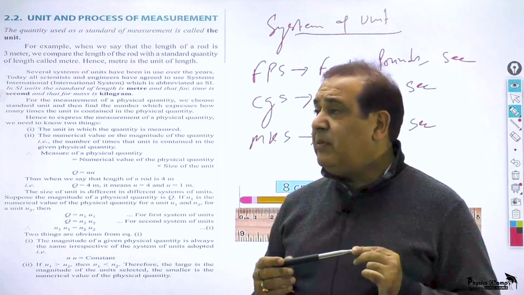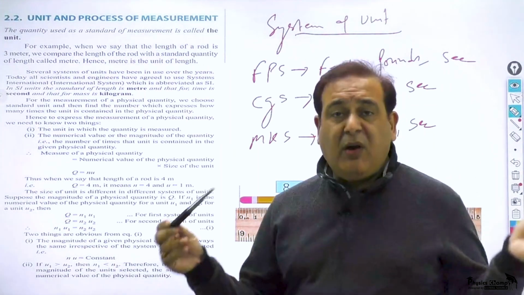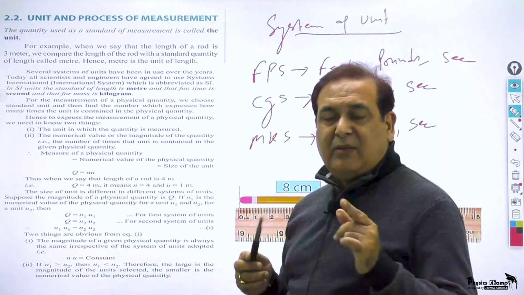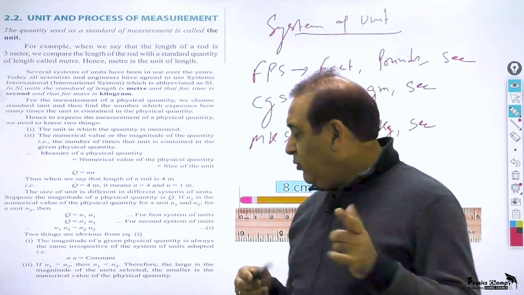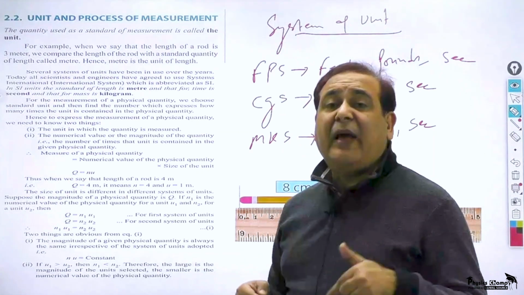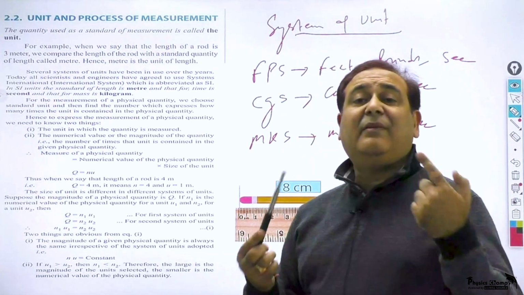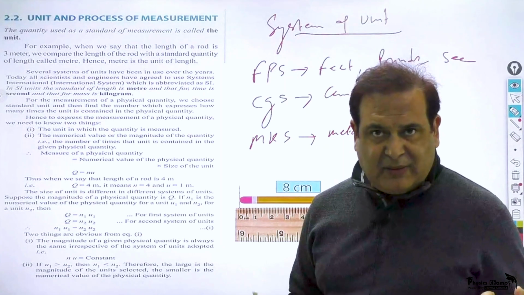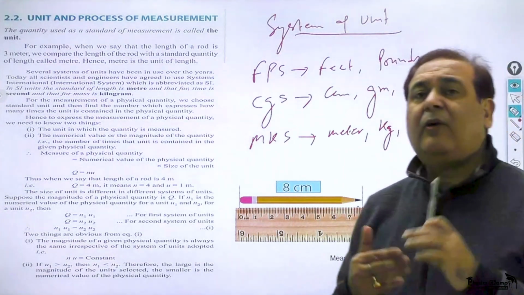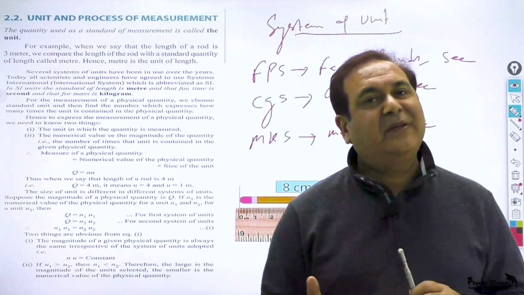I will use 1 meter for measuring the length of a cloth, but I may use centimeter for measuring the length of a pencil or any small object. And for a very small object, I can use millimeter as well as micrometer. So as per the requirement, we can go for different systems.